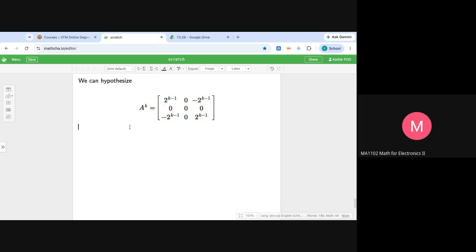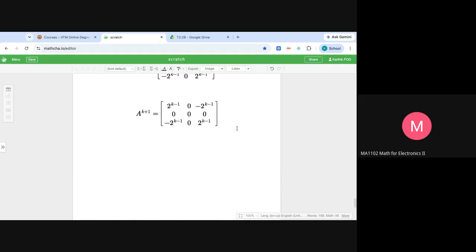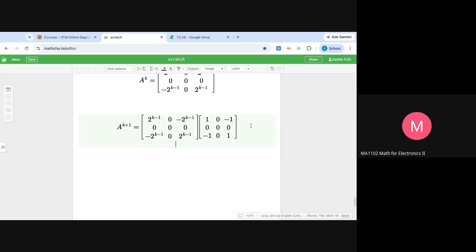And now we can try a power k plus 1 as a power k into a. So let's go back and see what a is. If you plug this in, hopefully we should get it.